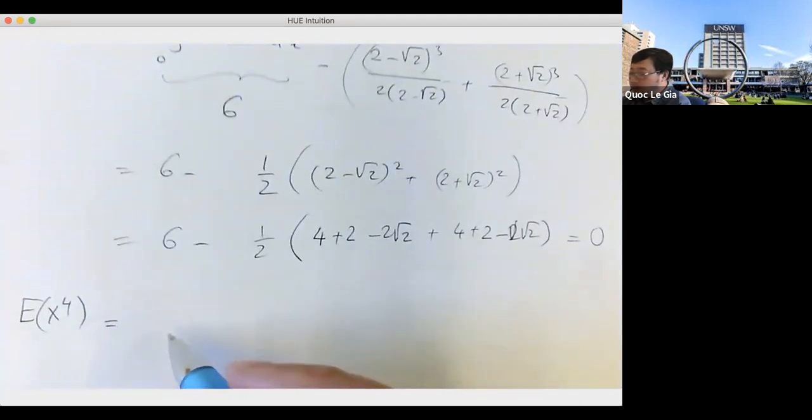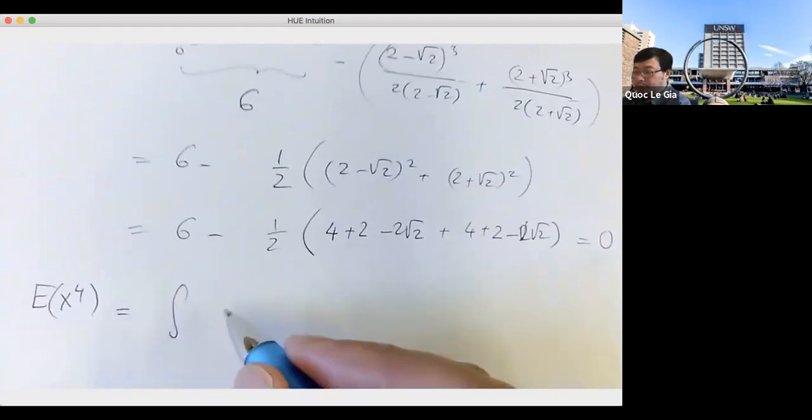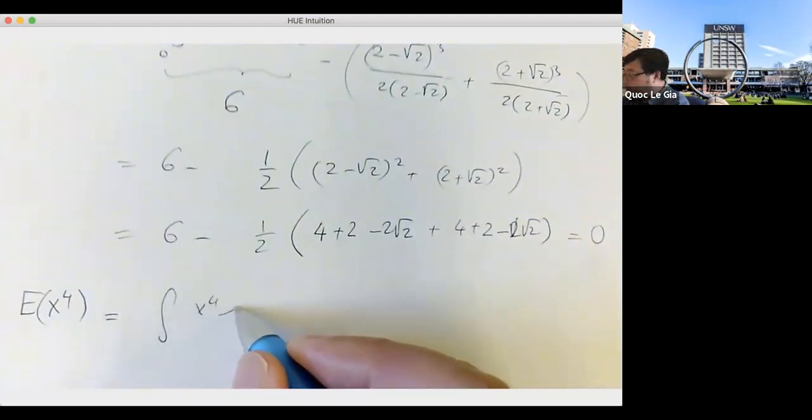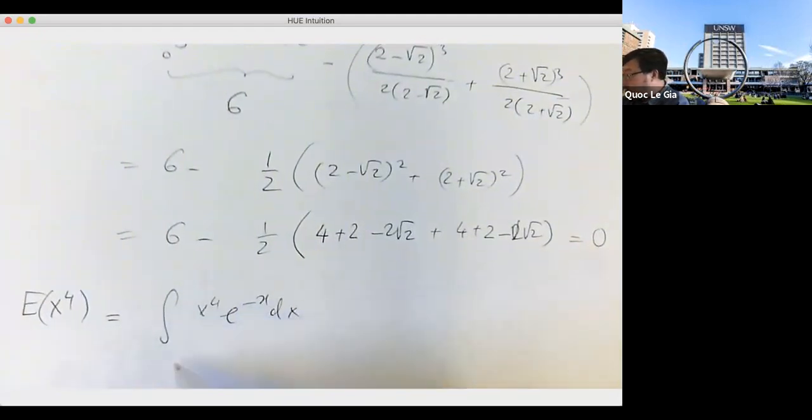So now you got E of x to the 4, then you got x to the 4 e to the minus x dx.